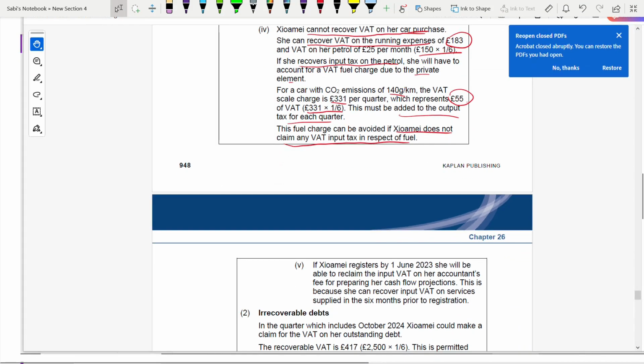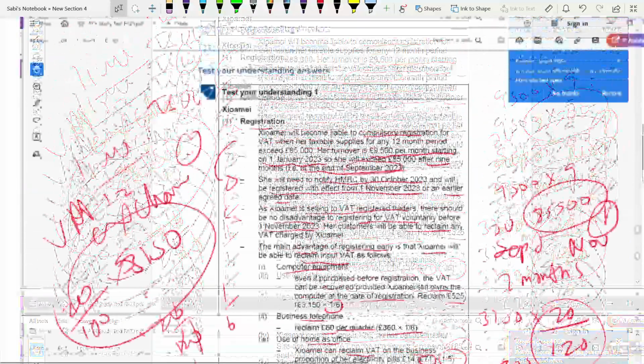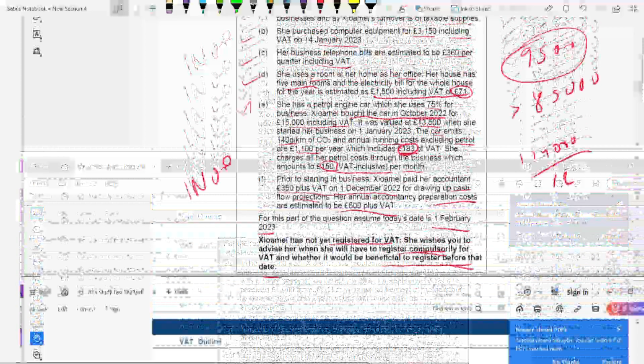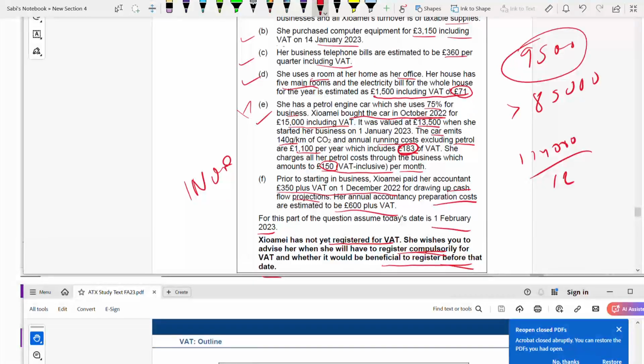Next, the last one. So this is over. F. What about F? So there is 350 plus VAT and annual accountancy preparation cost is 600 plus VAT.